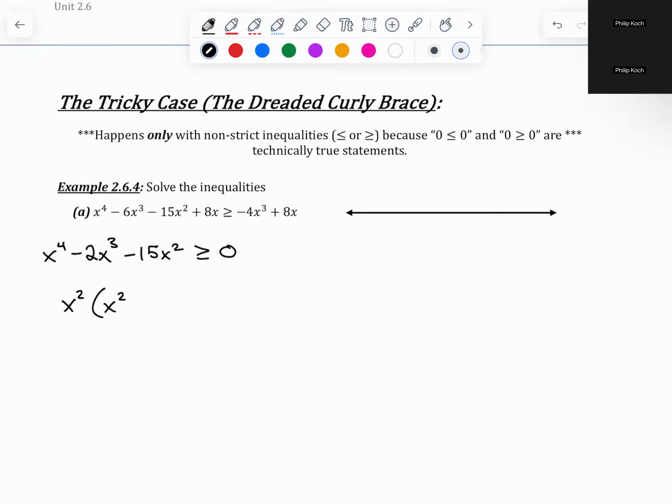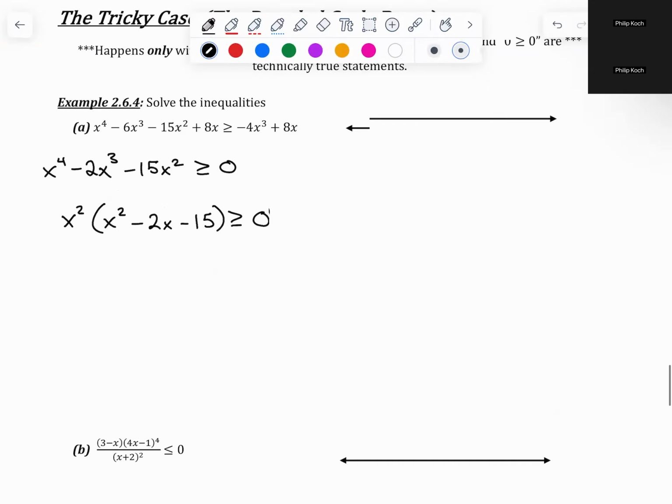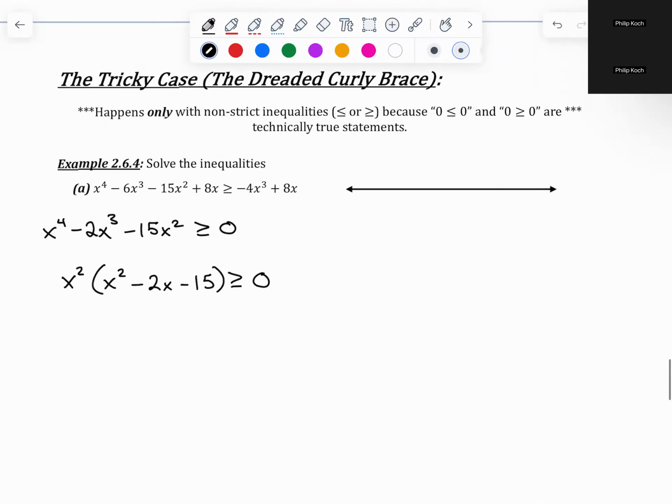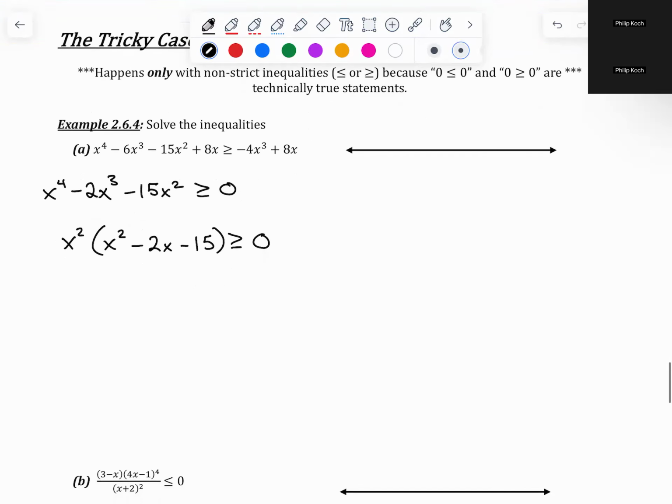And then we've got x squared minus 2x minus 15 is greater than or equal to 0. And then that factors nicely to x squared times x minus 5 times x plus 3 is greater than or equal to 0. So the good news with this dreaded curly brace case is it's the same process.